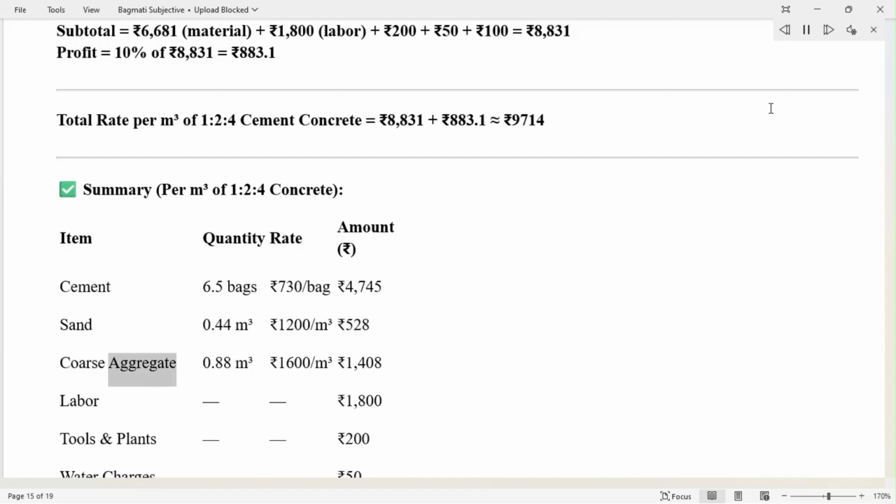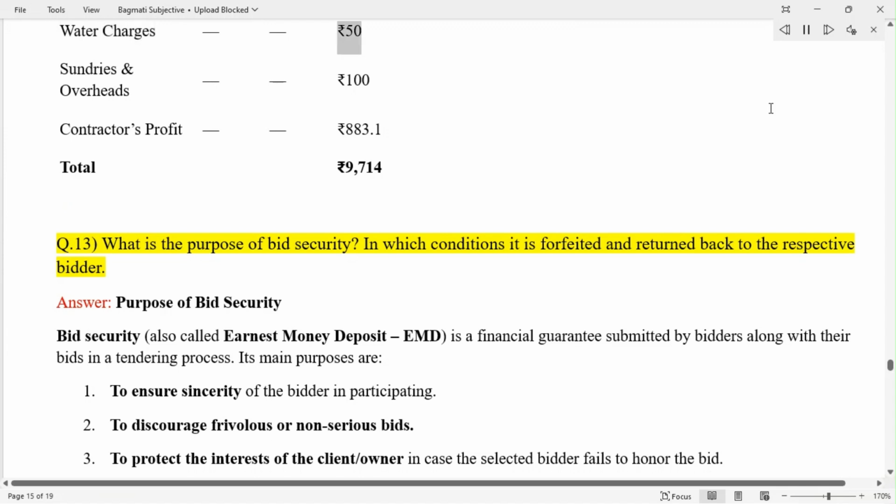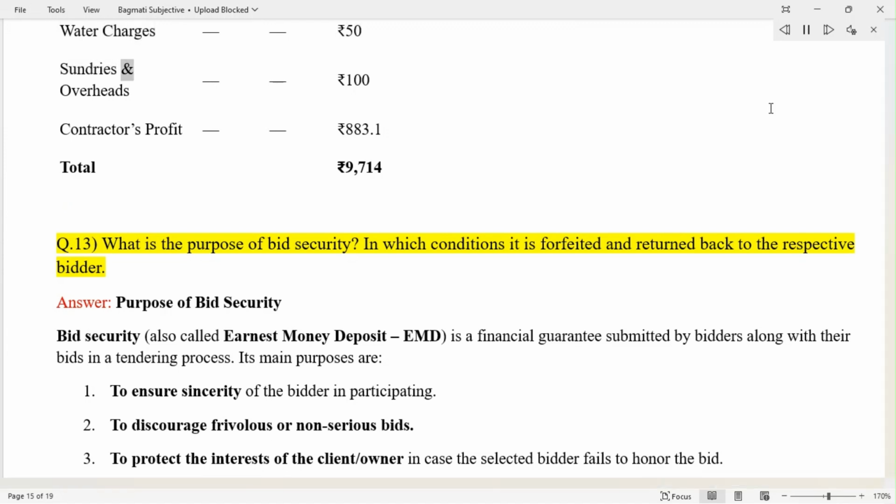Coarse aggregate, 0.88 m³, 1,600 per m³, 1,408. Labor, 1,800. Tools and plants, 200. Water charges, 50. Sundries and overheads, 100. Contractor's profit, 883.1. Total, 9,714.